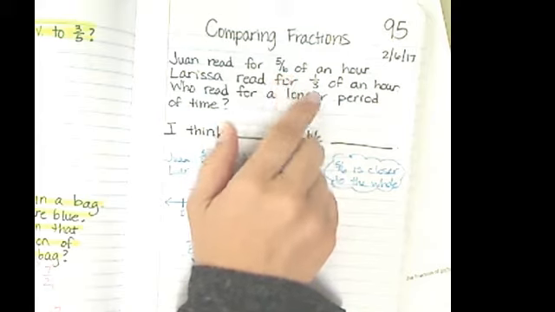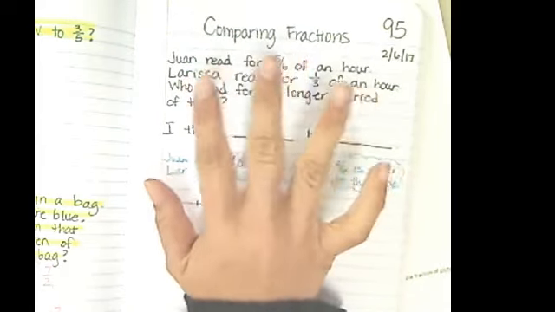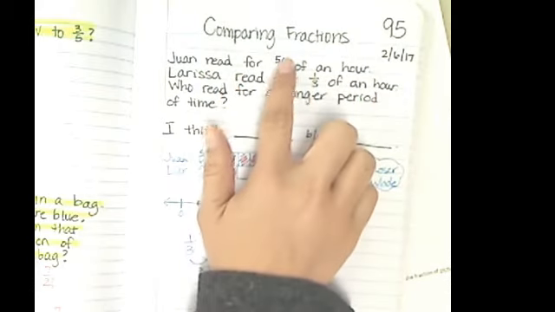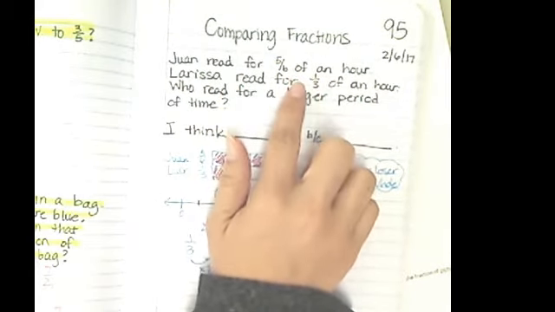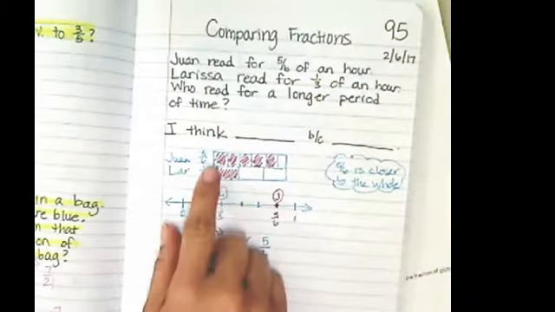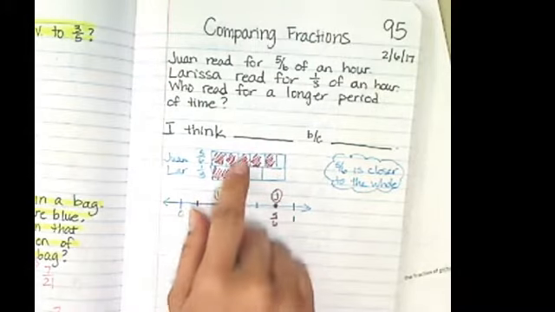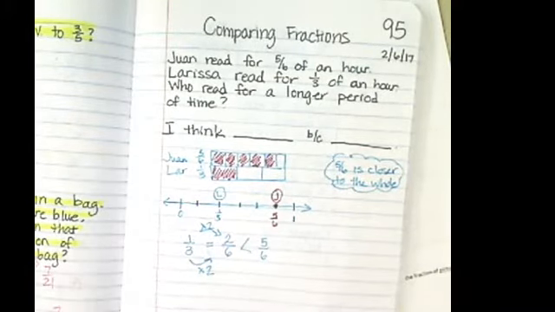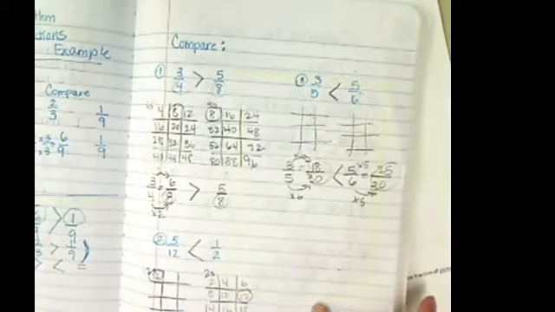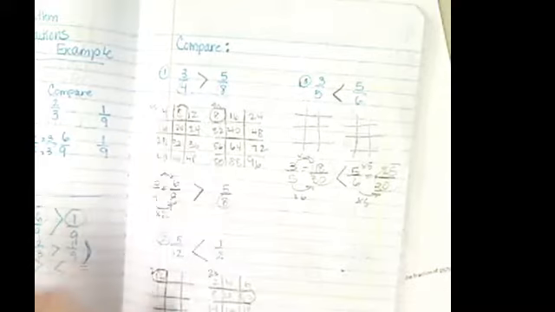If the total number of pieces of the whole are different, there's not really a good way to just simply look and compare because it's not fair. So we want to make sure that we're comparing the shaded region to each other, not just the number of pieces. That's where we need to find common denominators in order to compare.